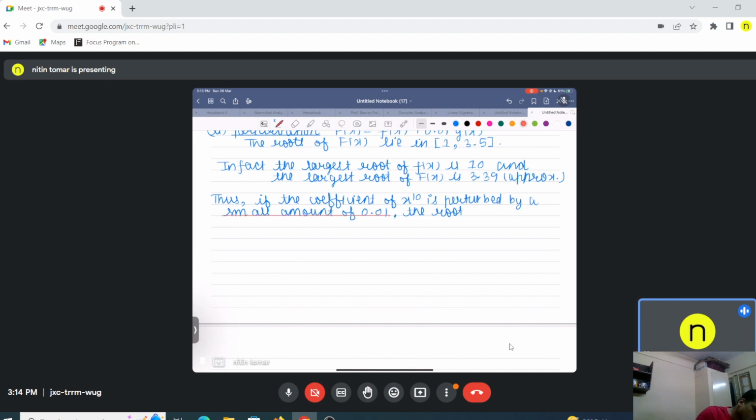Small amount of 0.01. But the highest root is experiencing a very huge difference.